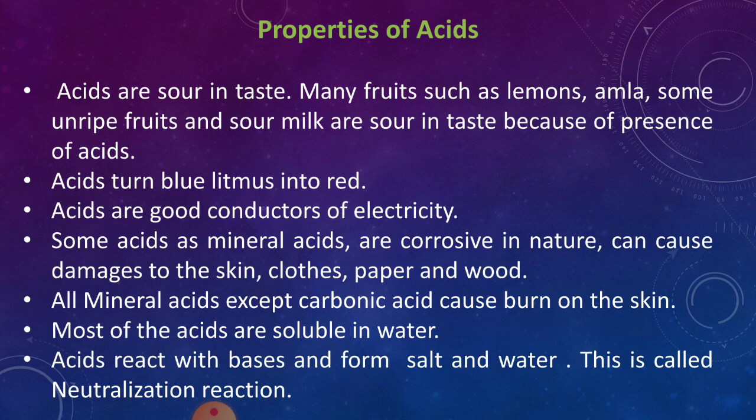Now, next one is properties of acids. As we have studied, acids are sour in taste. Because of the acids present in some fruits, most of the unripe fruits, then lemons and sour milk, their taste is sour, just because of the presence of acids.